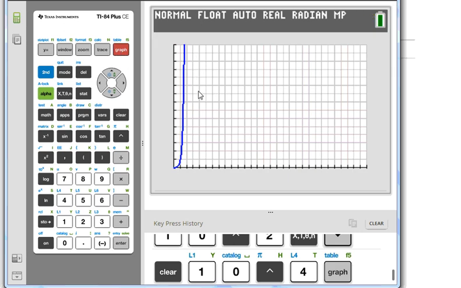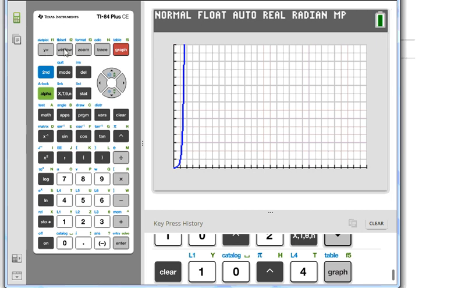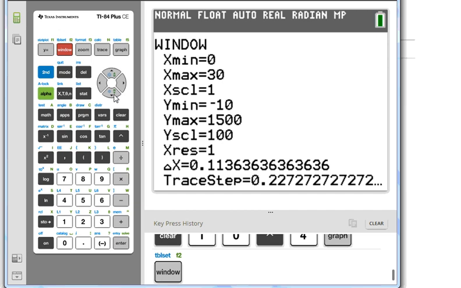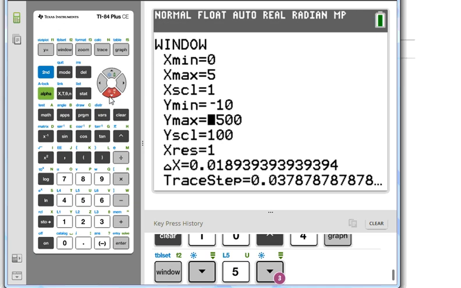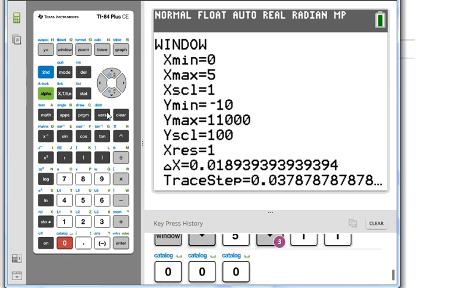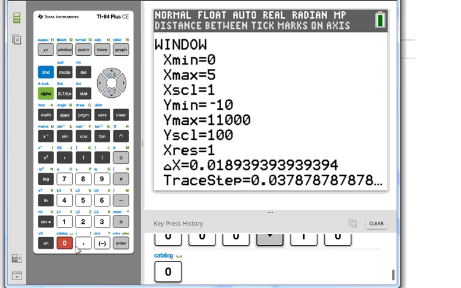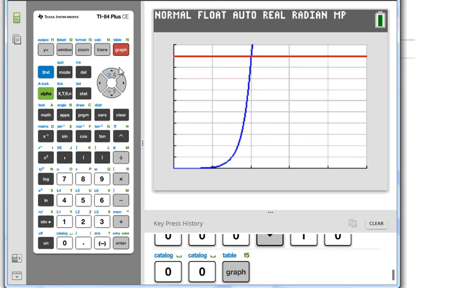First of all, we're not high enough because we need to have 10,000 up there. So we go to our window. I'm going to change my x max back to 5, and my y max has to be at least 10,000, so I'm going to make it 11,000. And we're going to go by thousands here. We should be good here. Yeah, so we get this, and we get an intersection point.